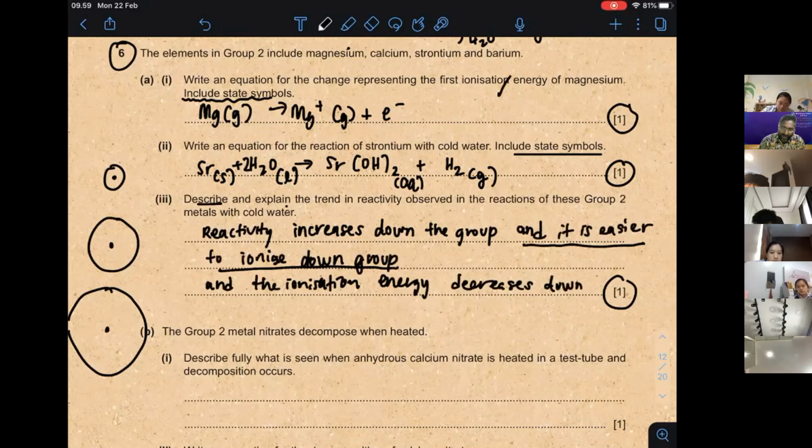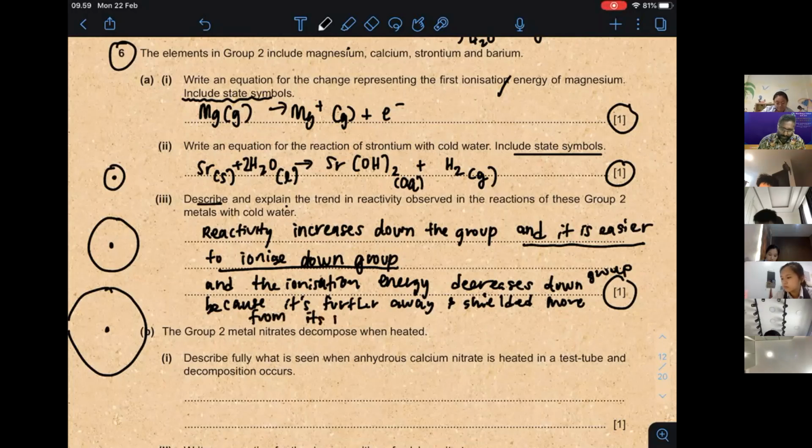Since it's only 1 mark, you can leave it like this, but normally I will include why, because it's further away and shielded more from its nucleus. This is normally what I will write if 2 marks are given.